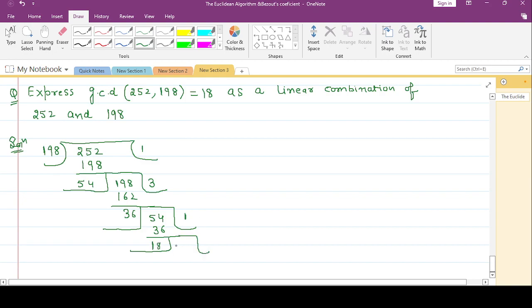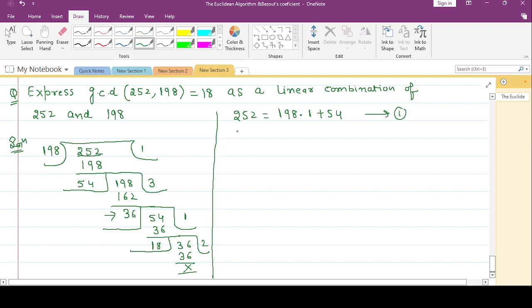And here the previous divisor now becomes the dividend. So 18 twos are 36. Now from the beginning, we can write this 252, which is the dividend, as divisor into quotient, where the quotient is 1, plus the remainder. This is equation number 1.